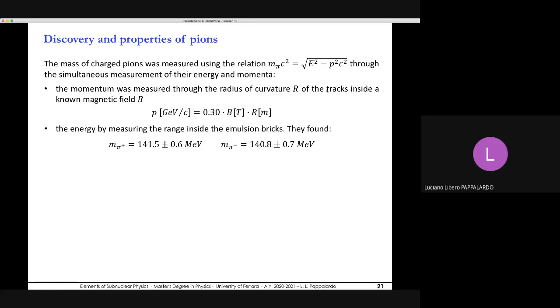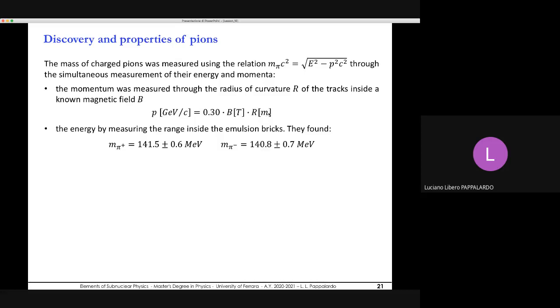So the mass of the charged pions was measured through the relativistic relation. The mass is just the inversion of the energy-momentum relativistic relation, through the simultaneous measurement of the energy and the momentum. The momentum was measured through the radius of curvature of the tracks inside a known magnetic field. As you know, when a charged track crosses a magnetic field, it bends.